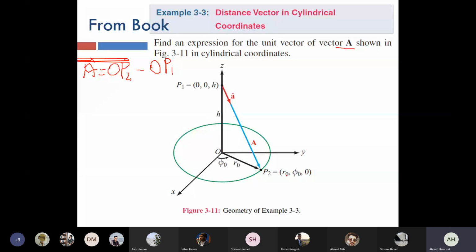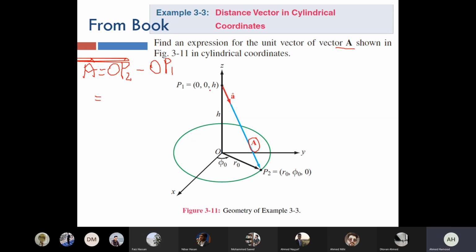So the value here is negative this value. So that's why this is the vector of A, which equals what? R0 negative 0, isn't it? Then we have phi 0 negative 0, and we have 0 negative H.